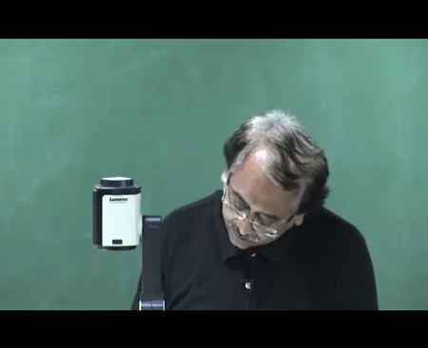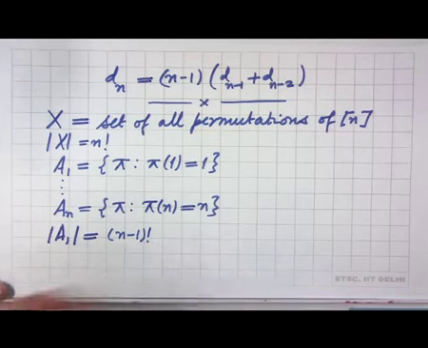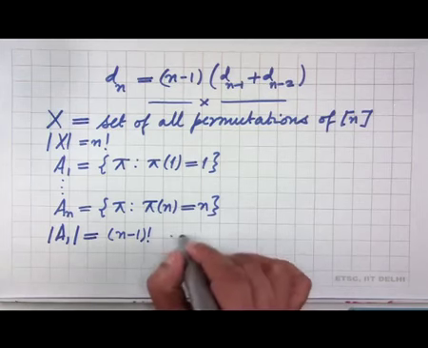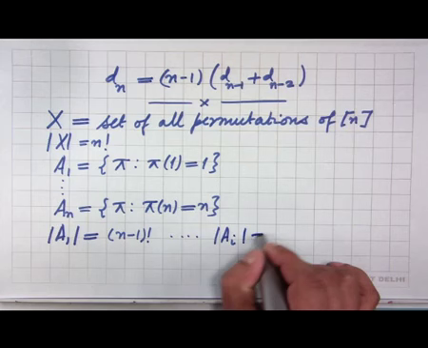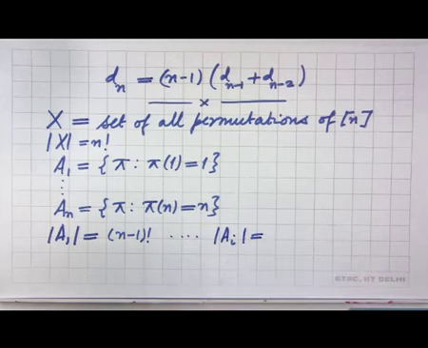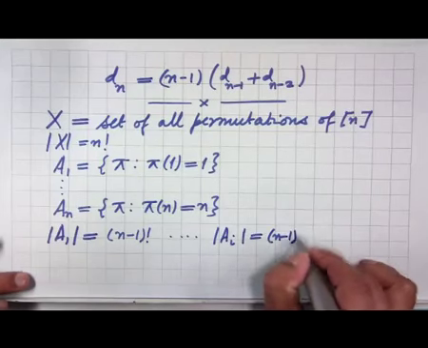So this is simply the number of permutations on n minus 1 symbols, and that's just n minus 1 factorial. In fact, the same is good for any of these sets AI, including AN, because each of these sets AI fix one particular element. They leave the other n minus 1 elements to themselves, which may and may not get fixed. And therefore, it is a set of all permutations on all but one symbol.